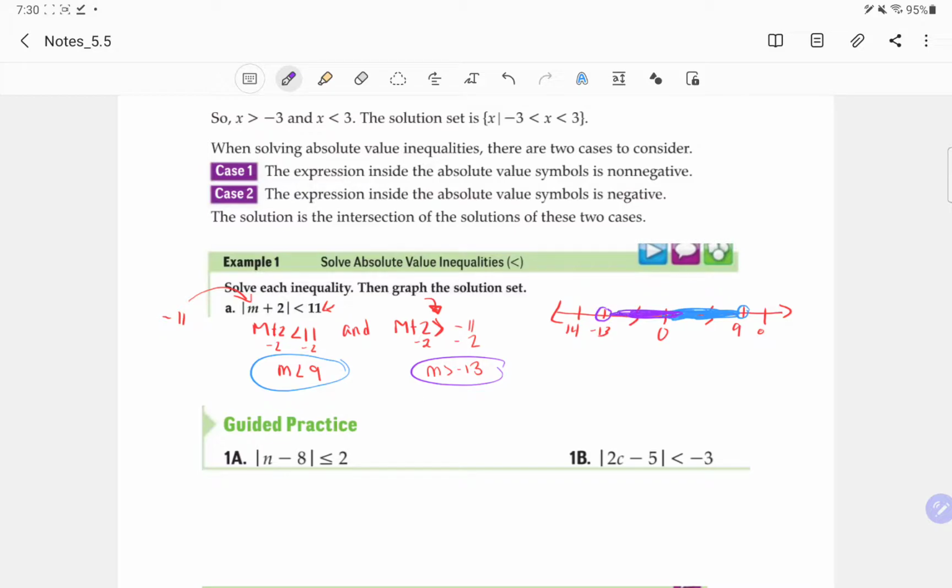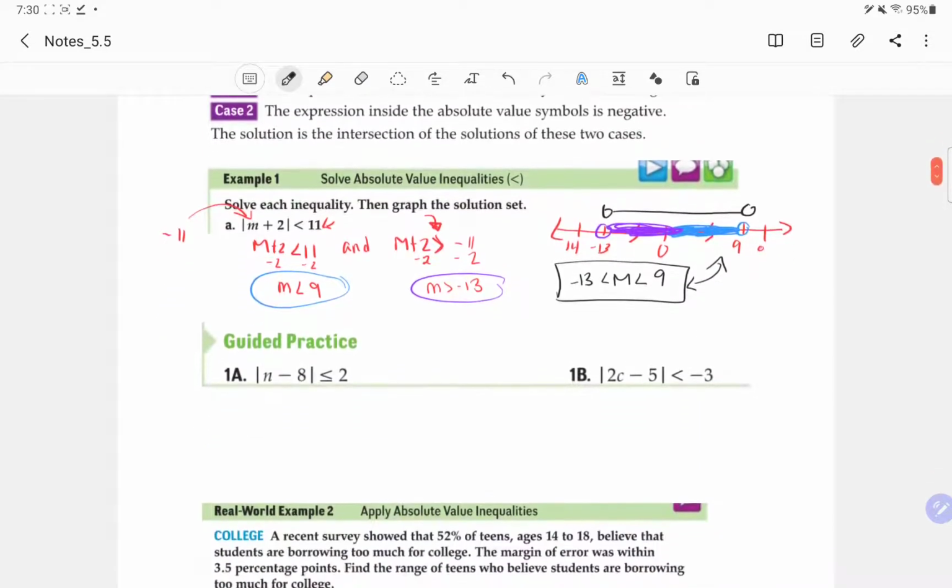Well, that goes this way. So the solution to this would be everything between negative 13 and 9, or negative 13 is less than m, which is less than 9. There's the graph. There's the solution.